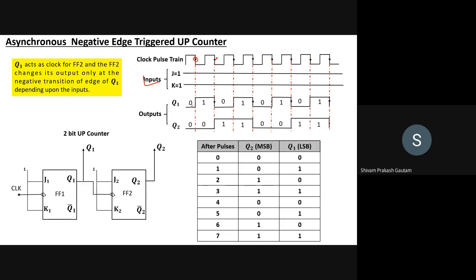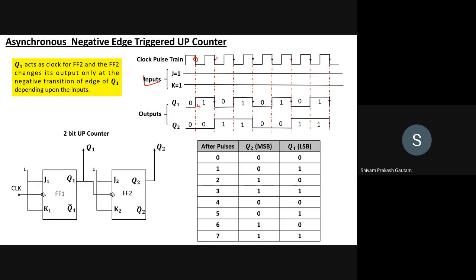So initially Q1 was 0, and when the triggering takes place, since both the inputs are 1, this Q1 will change its state and it will go to 1. You can see here the transition is happening, right? Now this will remain at 1 until the next clock or until the next triggering point. So the next triggering point is this.